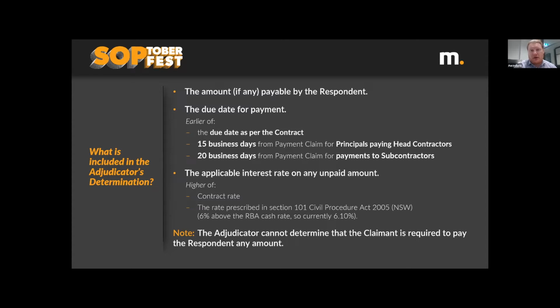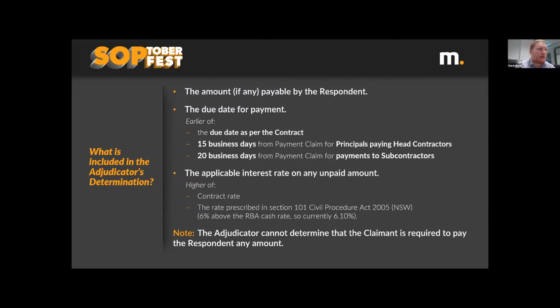The applicable interest rate on any amount that is due to be paid, which will be the higher of whatever rate is stated in your contract, or the rate prescribed by Section 101 of the Civil Procedure Act, which sits 6% above the RBA cash rate. So it's currently 6.1%. A big thing to note that a lot of claimants are sometimes worried about is whether or not they can be required to actually pay an amount to the respondent.